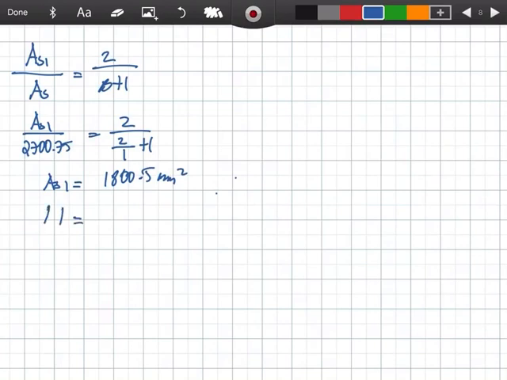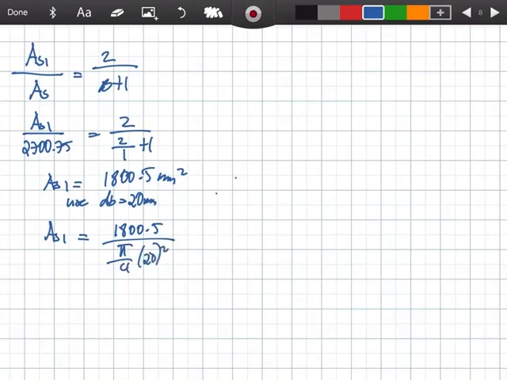So, ano to? AS. So, ang number of bakal niya, if we use dB 20 mm, N is equal to 1,800.5 over pi over 4 times 20 squared, ano siya? 5.73, say 6, diba?